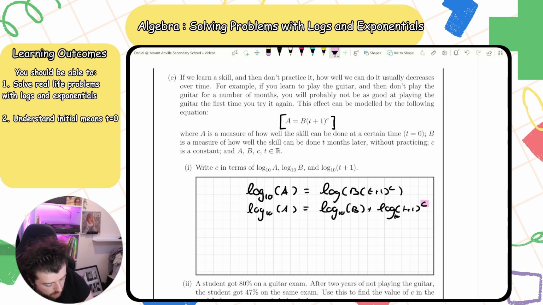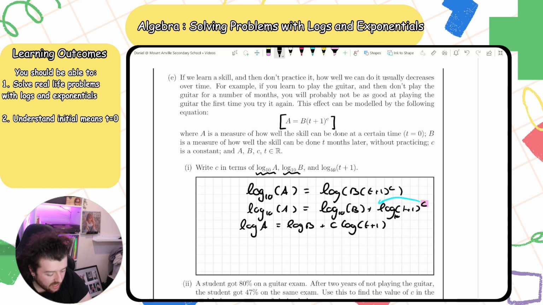And I have this power up here, and I bring it down in front. So remember log base 10 is written as log. I'm going to have log A equals log B plus c log (t plus 1). And it's asking me to leave it as log A, log B, log (t plus 1), so I'm very cautious to leave it like that.